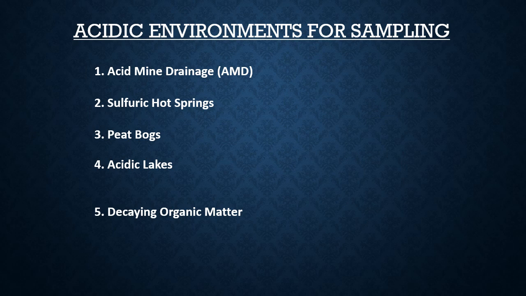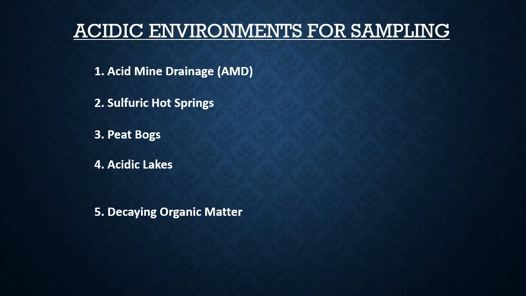Then decaying organic matter. Forest floors with abundant leaf litter and compost heaps are locations of decaying organic matter which you can use for sampling. Decomposing organic matter in forest compost heaps can create localized acidic environments.